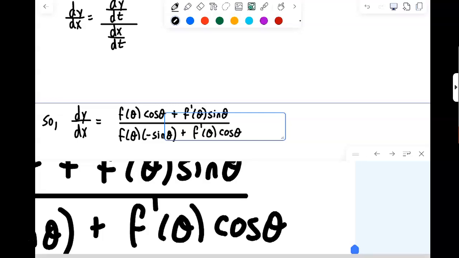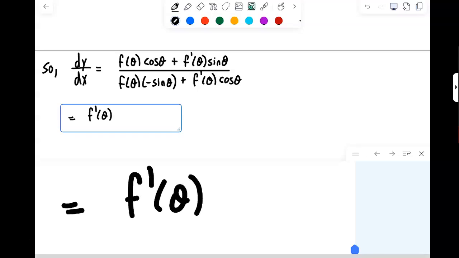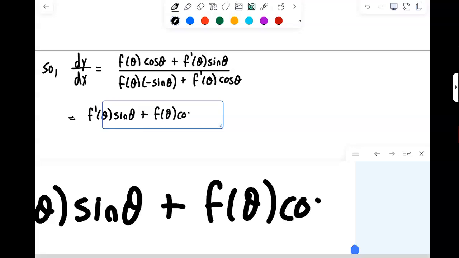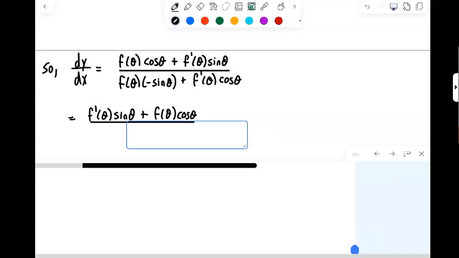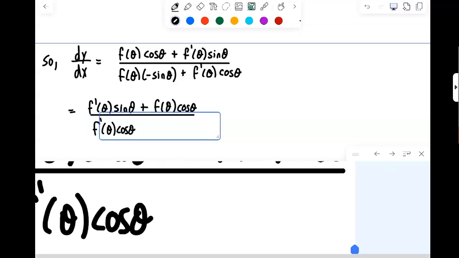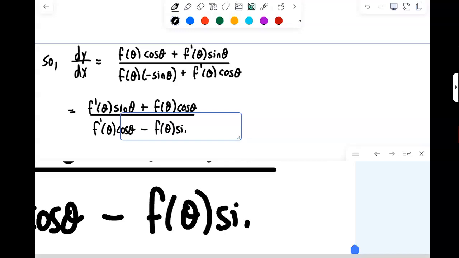And then I'm just going to do a little bit of rearranging. F prime of theta sine theta plus f of theta cosine theta, divided by f prime of theta cosine theta minus f of theta sine theta.